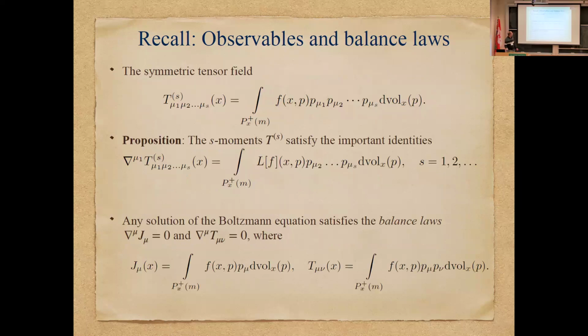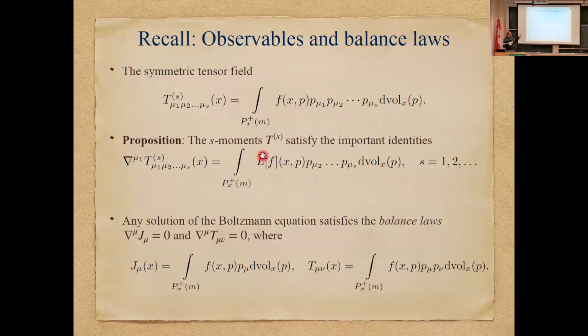And then the last thing I would like to recall is that we had these observables, these symmetric tensor fields that you obtain by integrating the distribution function over different p's. And then the divergence of those, you can put below the integral formally, and then this becomes a Liouville vector field.